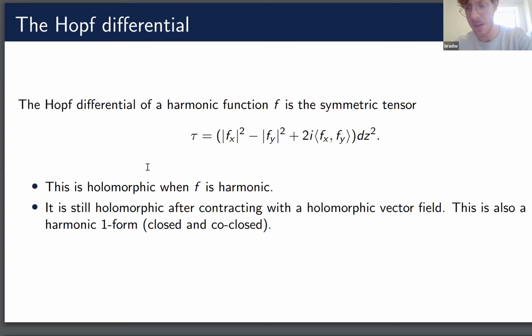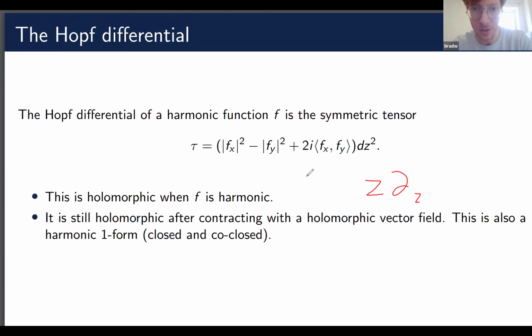And if you have a holomorphic vector field, say something like z del z, then if you plug this into one of the dz's, this thing remains holomorphic. It will now be a holomorphic one form, and that implies that it's a harmonic one form. So closed and co-closed, which is important.